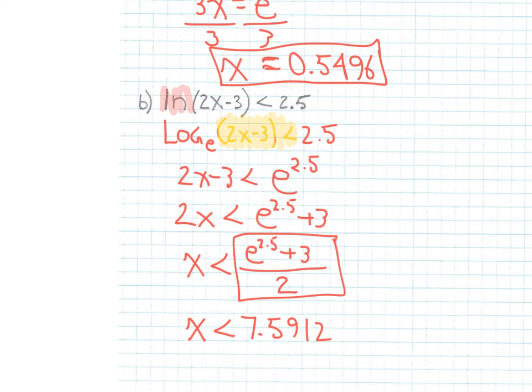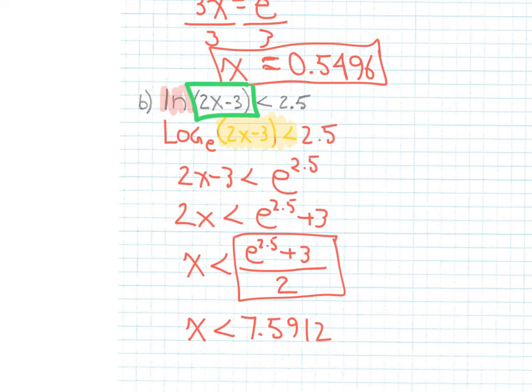This is one of those less thans. And if we look back up here, if you guys remember, this value, the beginning, 2x minus 3, can't be 0 or negative. And we're talking about being less than 7.5912. So we have to clarify that a little bit more.